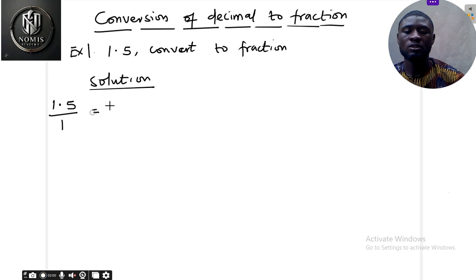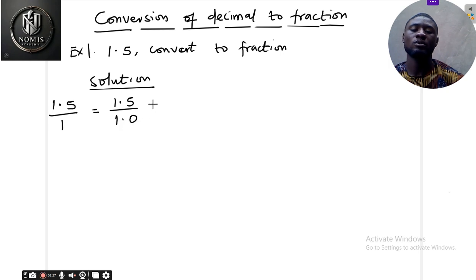So 1.5 can as well be written as 1.5 over 1.0. 1.0 is still 1. But mind you, 1.5 is not equal to 1 because this is more than 0. In the case where this is just 0, 1.0 and 1 is the same thing. Now I have 1.5 over 1.0.